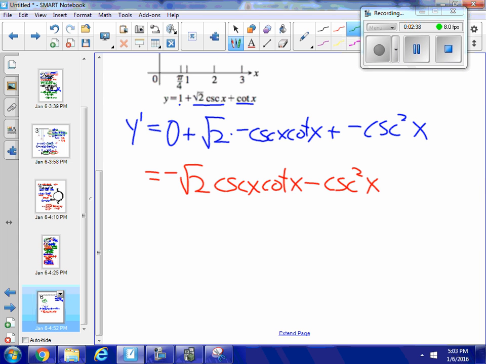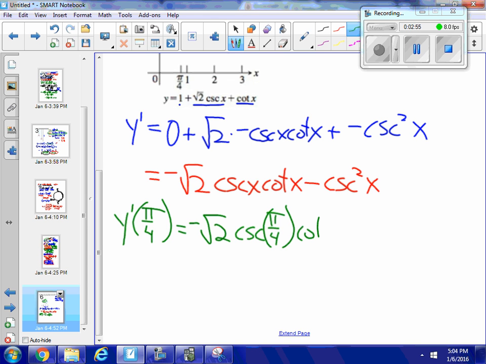So I have y prime of pi over 4 is equal to negative radical 2 cosecant pi over 4 cotangent pi over 4 minus cosecant squared pi over 4.